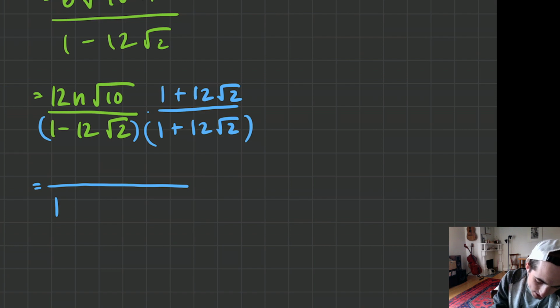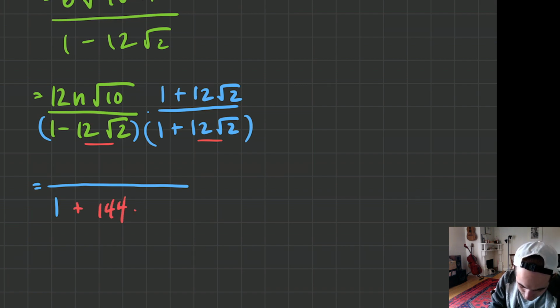So instead, I'm going to multiply just this one and this one. I'm going to have 12 root 2 times 12 root 2, which is 12 times 12, which is 144, times the square root of 2 squared, which is 2. So that should be 288, and I believe that is negative because I've got negative times a positive.